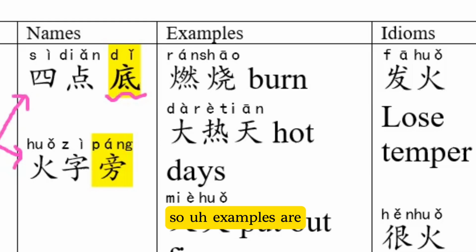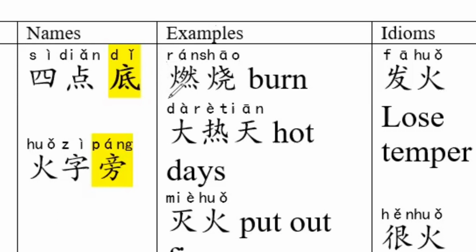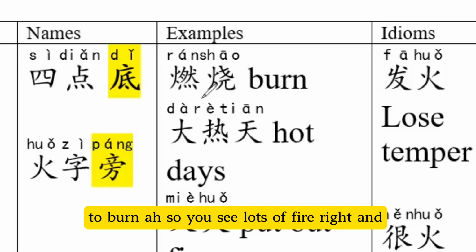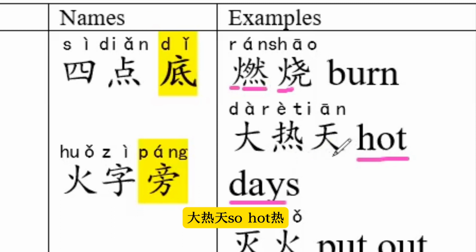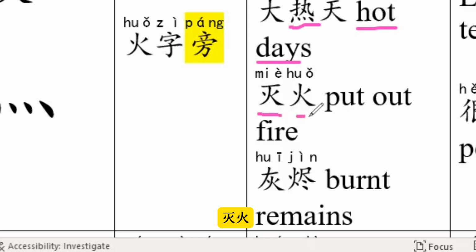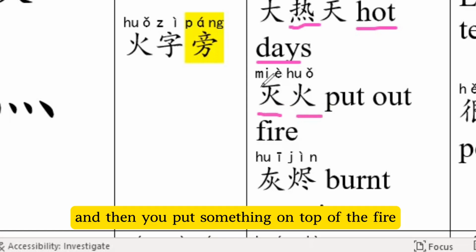Examples are 燃烧, to burn. So you see lots of fire, right? And 大热天, like really hot days. 大热天, so hot, 热。灭火灭火。Now in 灭火, you do see the 火, and then you put something on top of the fire.